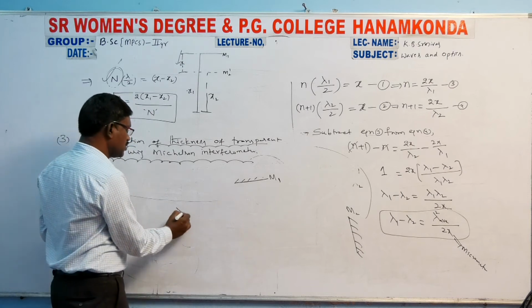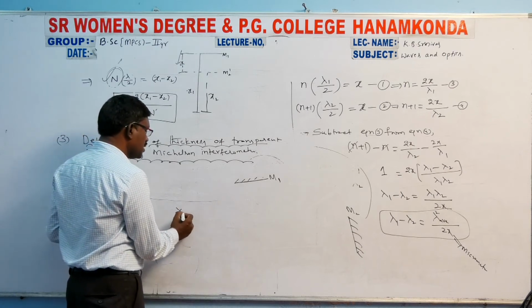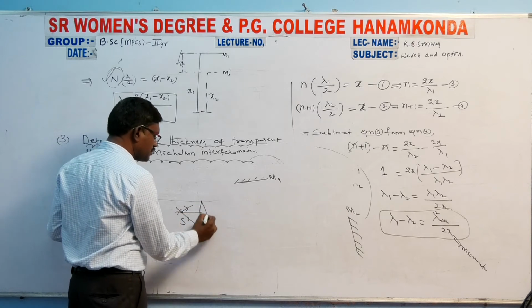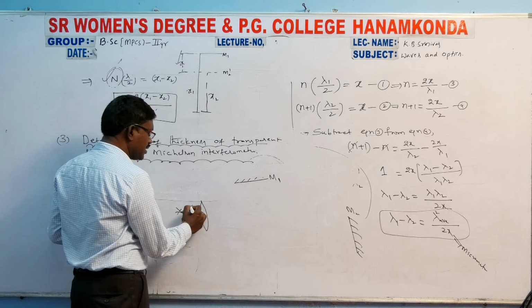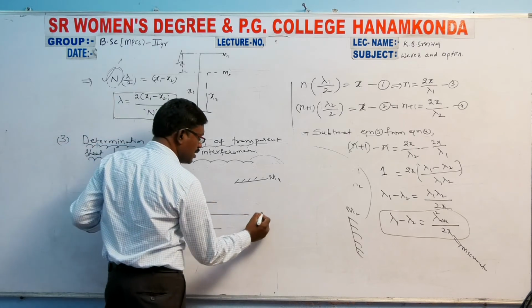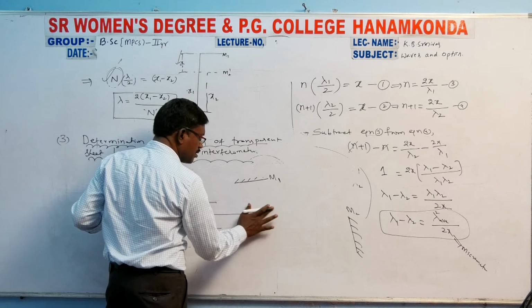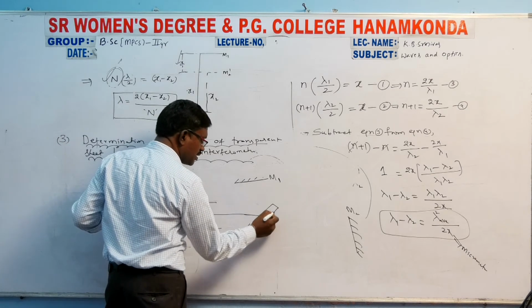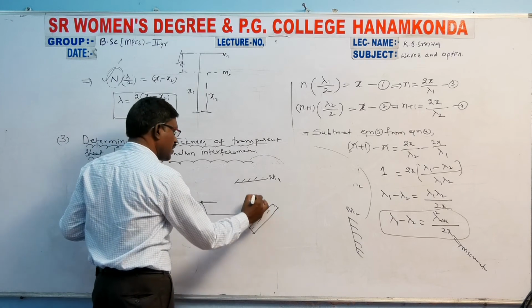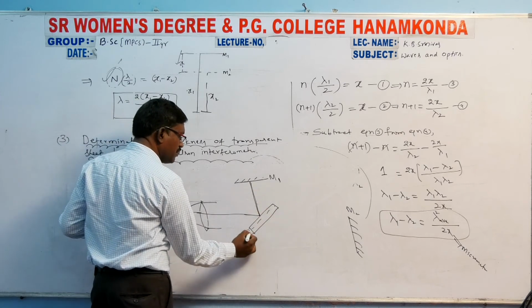So this is the source of monochromatic light. Light coming from the monochromatic source is allowed to be incident on a convex lens, so it makes all the incident rays parallel. Finally these rays fall on a glass plate, a semi-silvered glass plate. So we get two rays at the G1 glass plate.